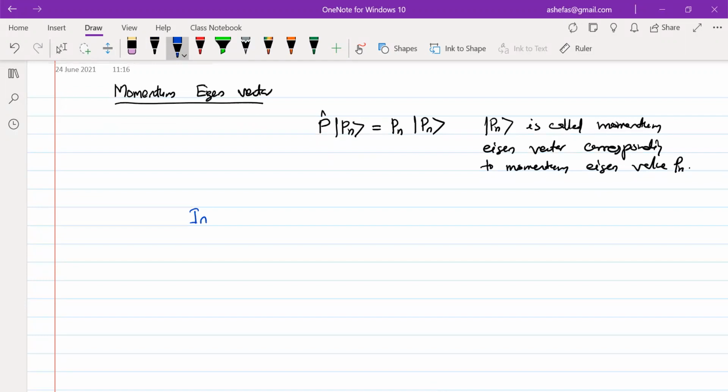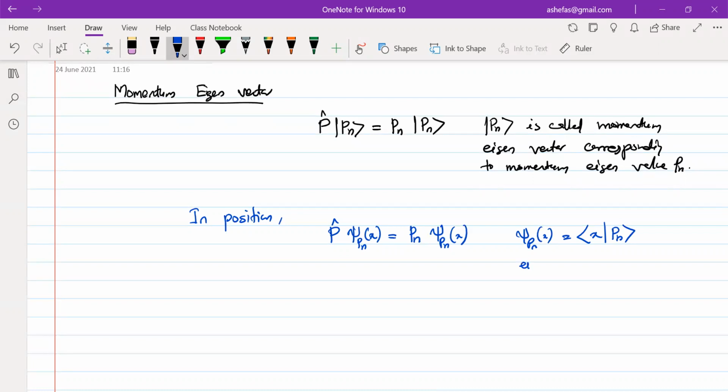So consider in position basis. So in position basis, we can represent the momentum operator acting on psi Pn of x gives Pn times psi Pn of x. So the psi Pn of x in general is the inner product between x and Pn.